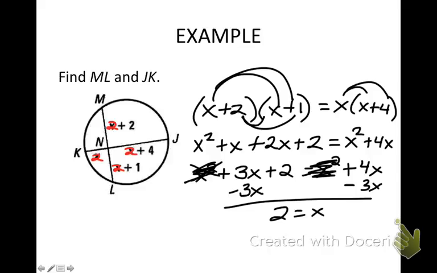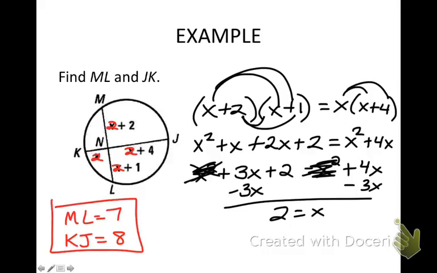The bottom half is 2 plus 1, so 3. So 4 and 3 together will make 7. Now let's do KJ. So K to N is 2, N to J is 6. 2 plus 6 makes 8. So there would be your lengths of the chords.